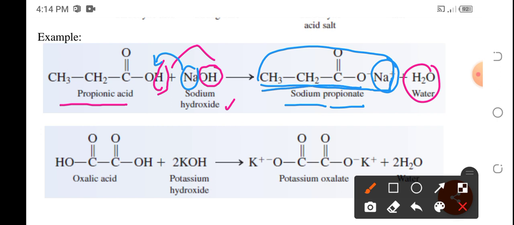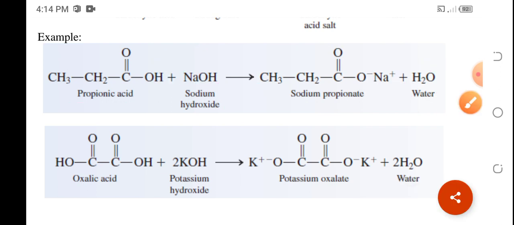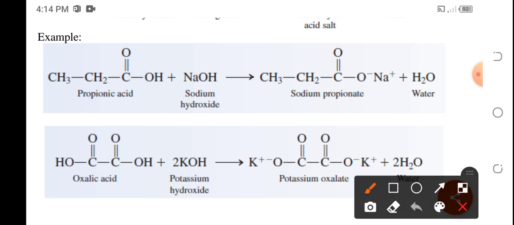propionate part. In naming this carboxylic acid salt, we always have to name first the metal, so that is sodium, and then the word for the carboxylic acid part. However, we are not going to adopt the name of the carboxylic acid as is. Rather, we have to drop the -ic acid and replace it with -ate.